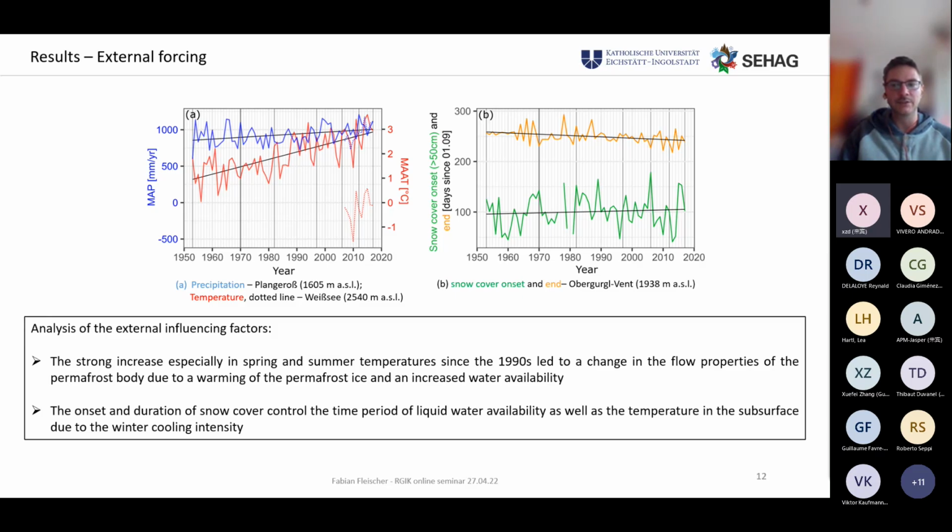In addition to the significant increase in air temperature, this presumably leads to a change in the flow properties of the permafrost body due to the warming of the permafrost ice and an increase in water availability, which influences the movement in the shear horizon of the rock glaciers.